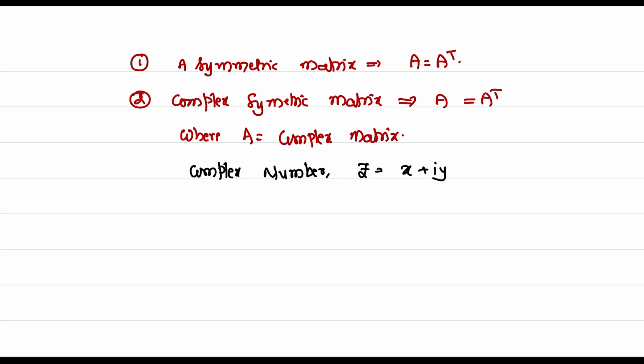If none of them is a complex number, then it is a real matrix. In this lecture, we will be talking about the complex numbers and complex matrix. Symmetric complex matrix means A is equal to its transpose.